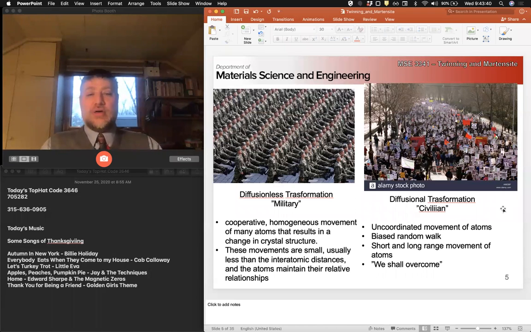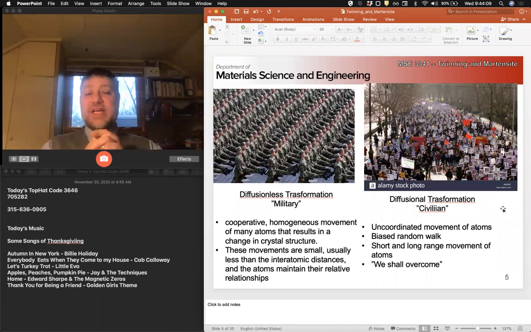Much like marching is the most efficient way to move large numbers of people on foot, right? You can think of the lattice moving in a cooperative or homogeneous movement. Many atoms simultaneously change, which results in a change in crystal structure.